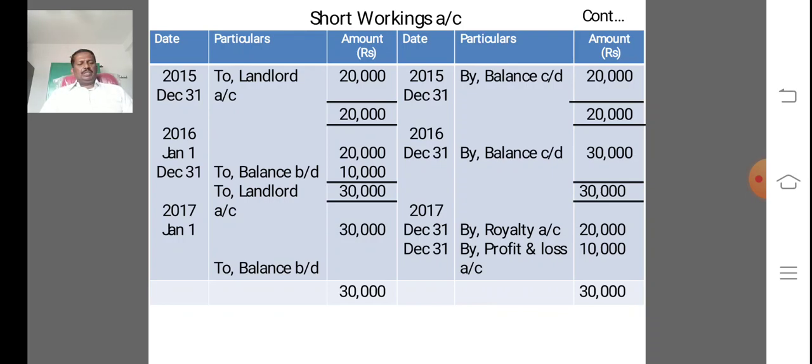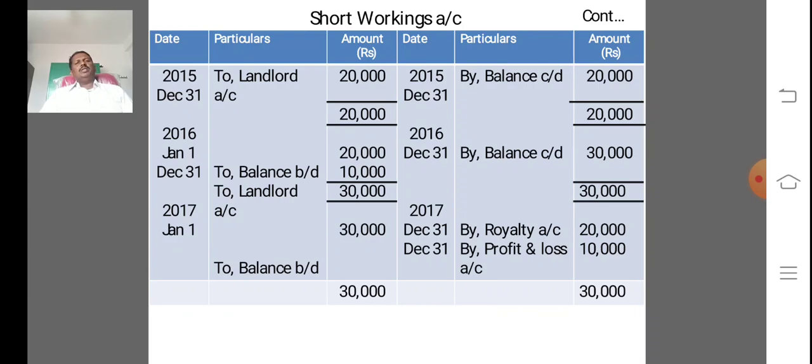So short workings account, to landlord account in the year 2015, 20,000. By balance carry down 20,000. That balance is brought down in the year 2016 as an opening balance. So opening balance is 20,000.